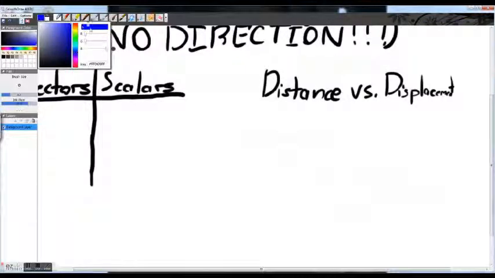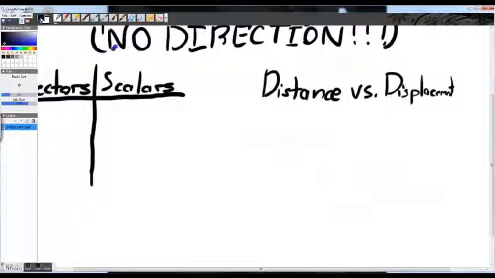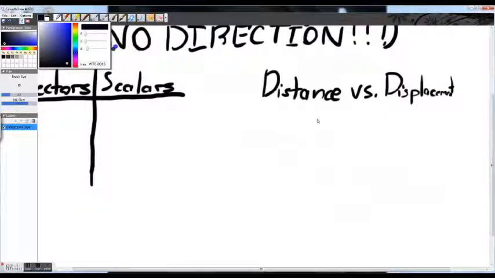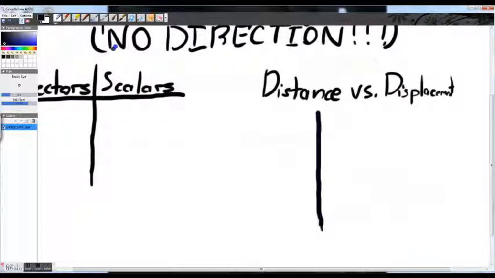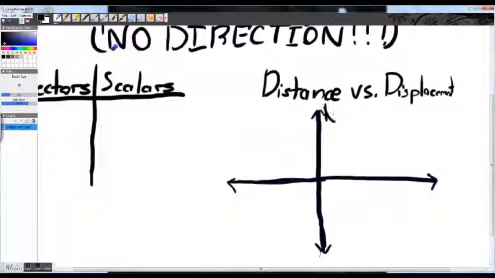So, first, let's draw a coordinate plane. This is going to be north, south, east, and west.